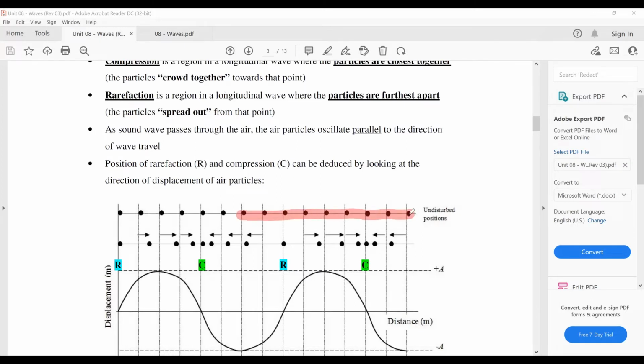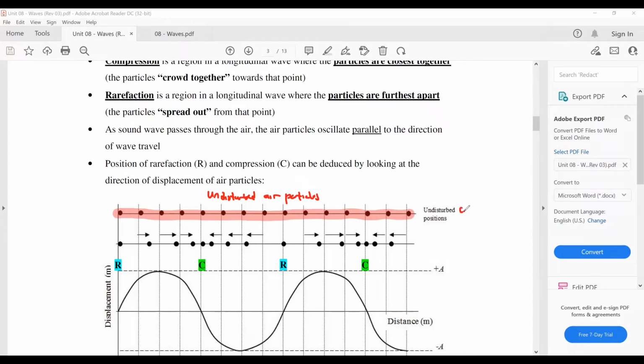This entire line here represents the air particles. This represents the undisturbed air particles before a sound wave travels through, all right? All these air particles are in their equilibrium positions, okay?